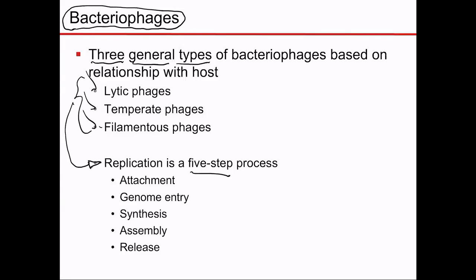The first thing that they need to do is attach to the surface of that bacteria. For them to attach, that virus needs to have a spike that is able to interact with a molecule on the surface of that bacteria, and that molecule will become the receptor for that virus.